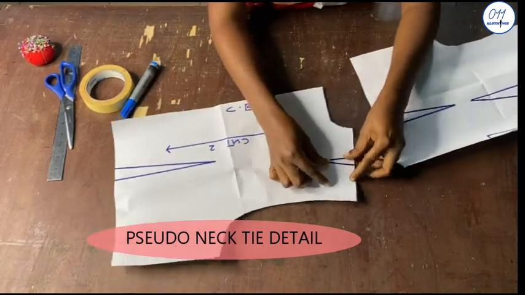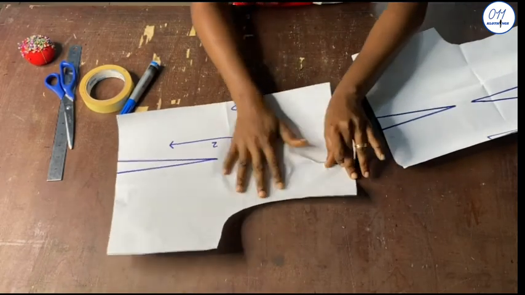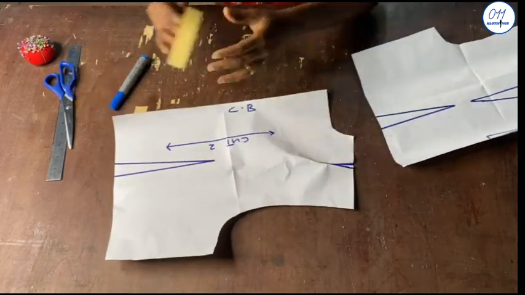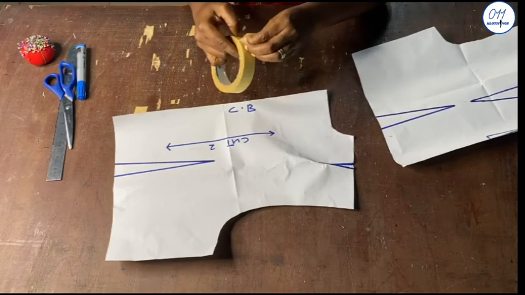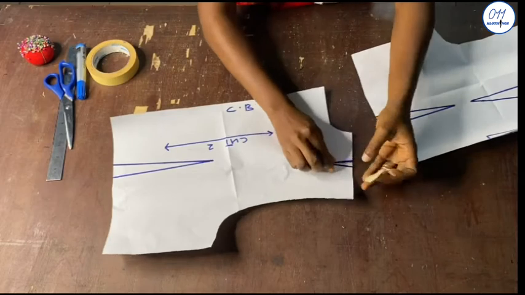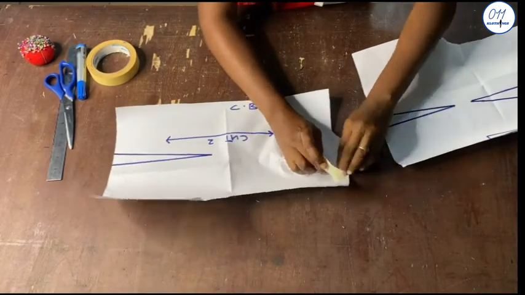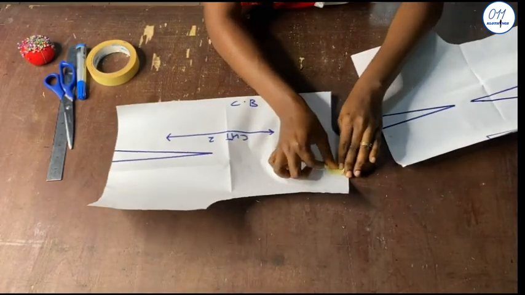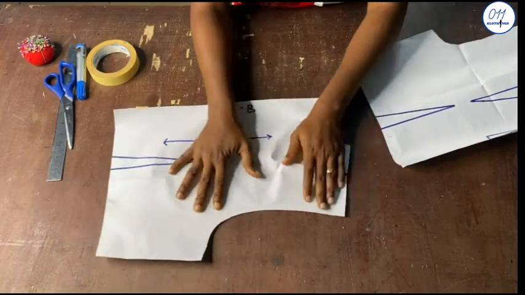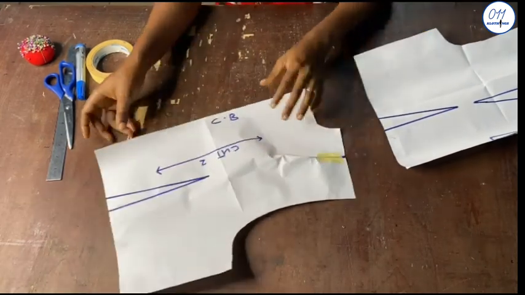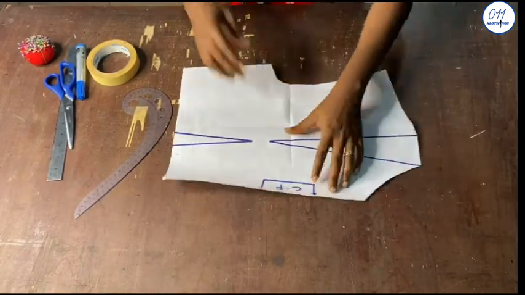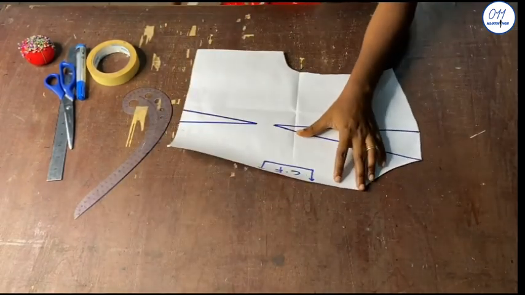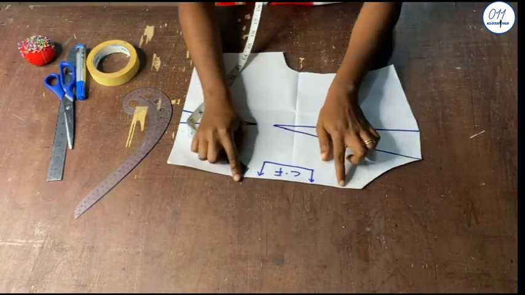For the back, I will close the shoulder dart like this. For the front pattern, I will lower my neckline by 2 centimeters.